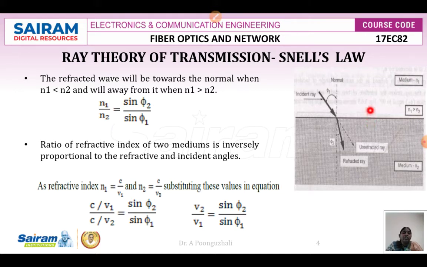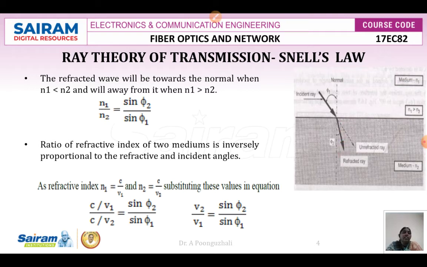Then the angle of refraction moves away from the normal. When n1 is less than n2, meaning n2 is greater, the angle of refraction is towards the normal.